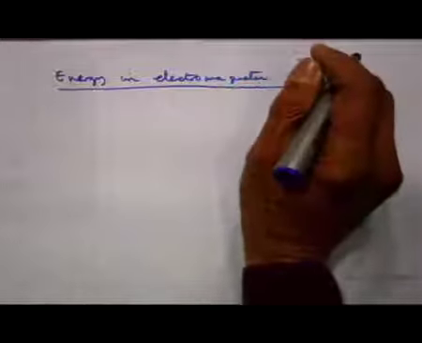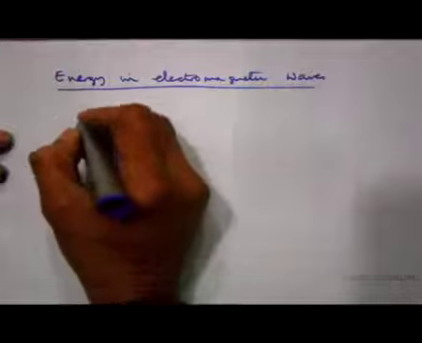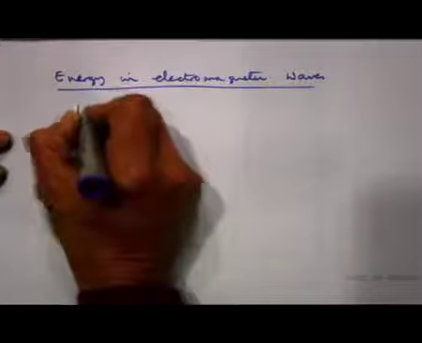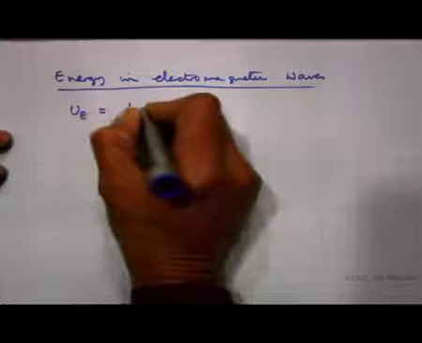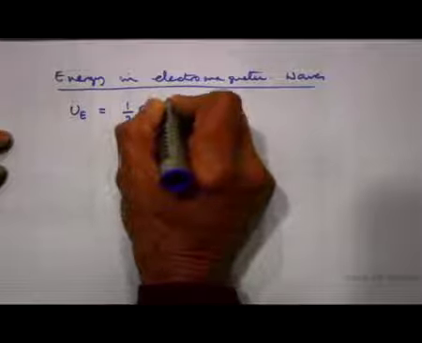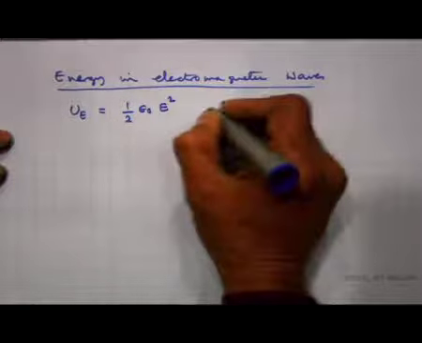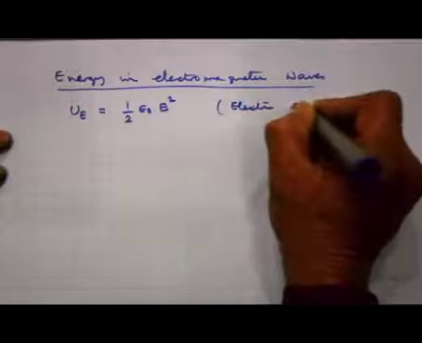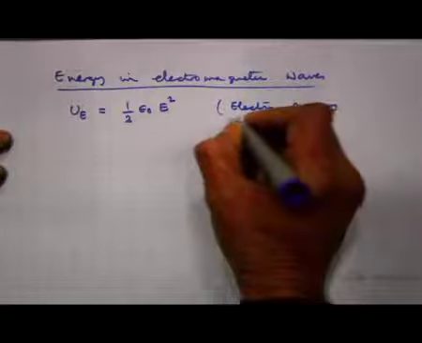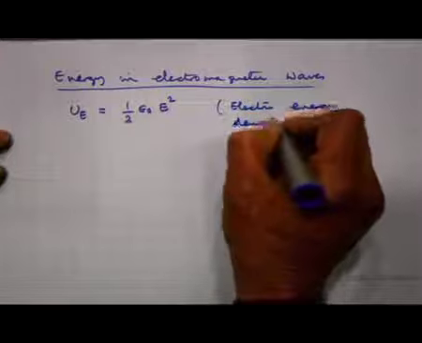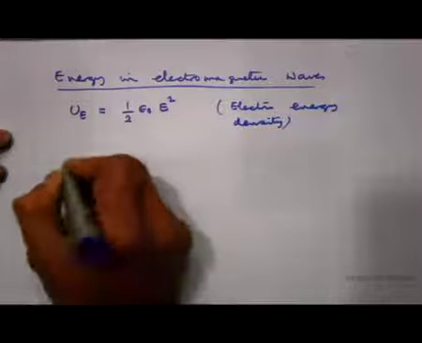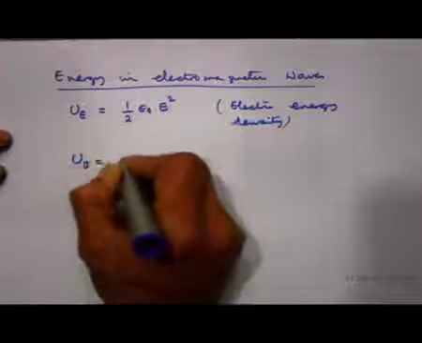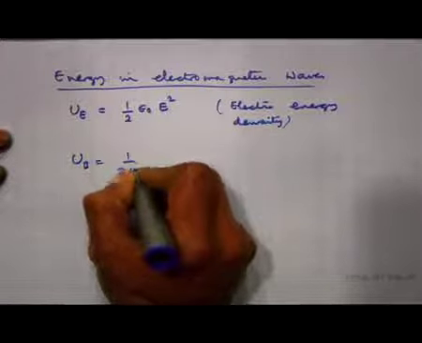I had shown before that the electrostatic energy density, that is electric energy per unit volume, is half epsilon 0 E square. Similarly, the magnetic energy density is 1 by 2 mu 0 B square.